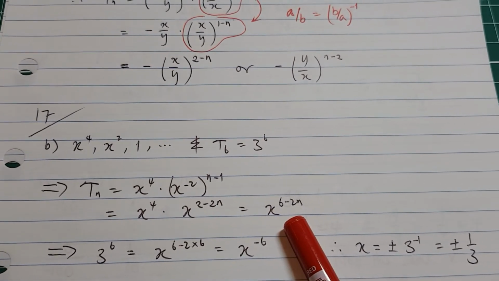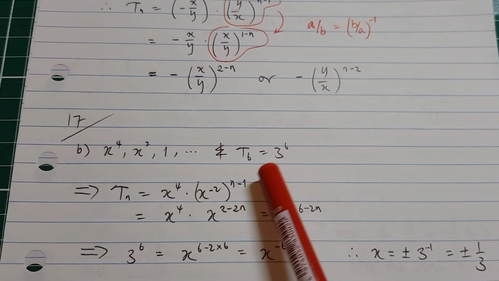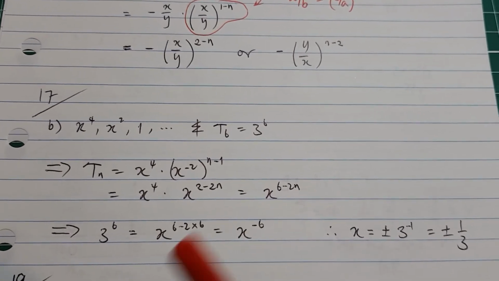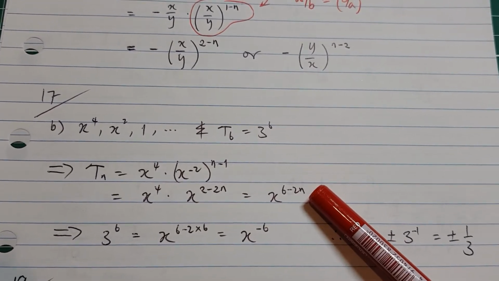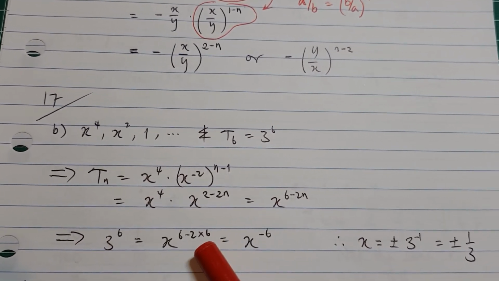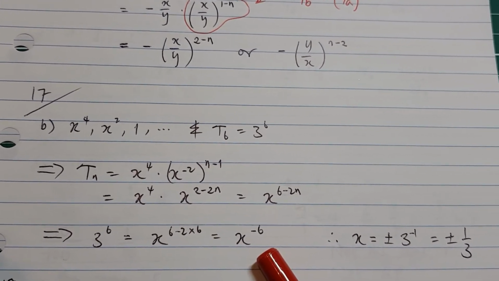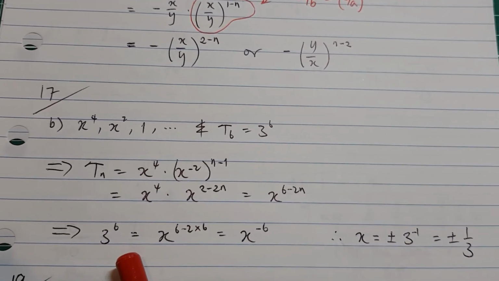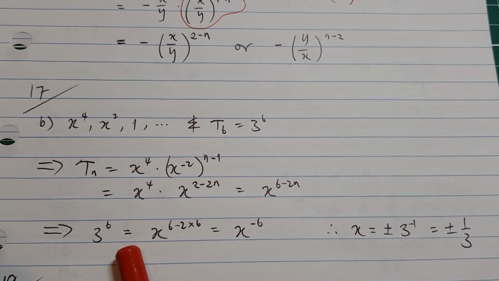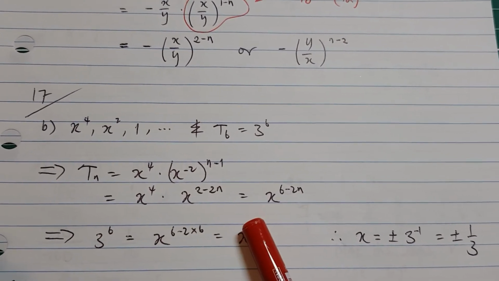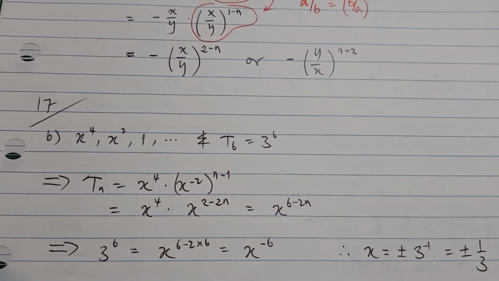Okay. Now, the sixth term is 3 to the 6, so that's that one, and you substitute n to be 6 because that's what it says. If it's the nth term, then you put the n there. So that's this, and x to the negative 6. Same sort of thing going on with what happened in the previous question. So 3 to the 6, that's x to the negative 1 to the power of 6.